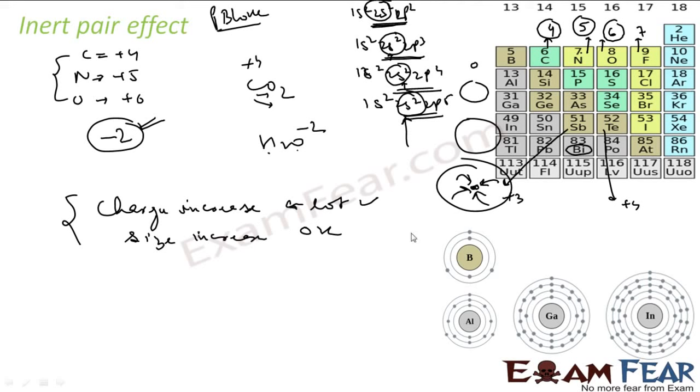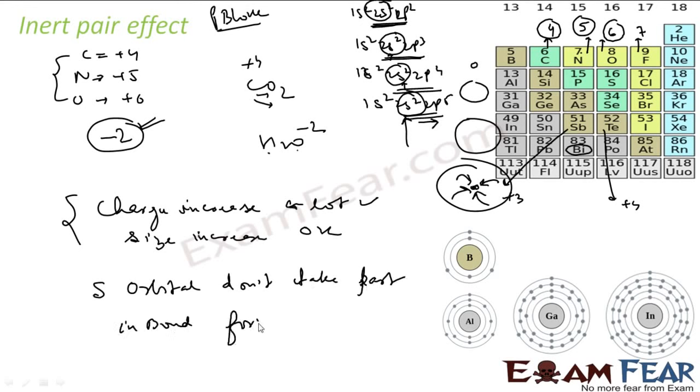But when you go down the group, since the charge is increasing a lot and the size increases only a little, the s orbital just before the p orbital doesn't take part in bond formation. Anyway, the 1s orbital will never take part, because only the valence orbitals take part in bond formation.